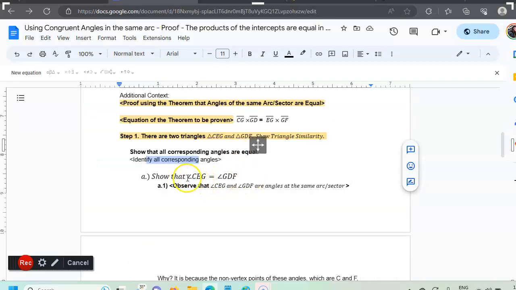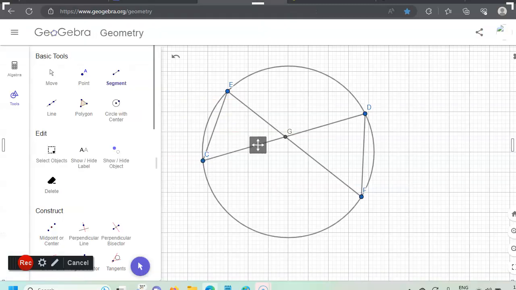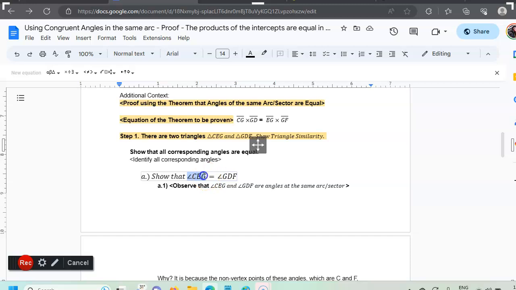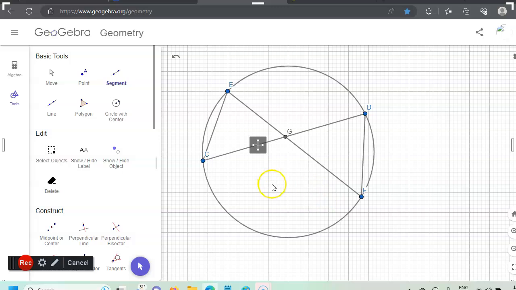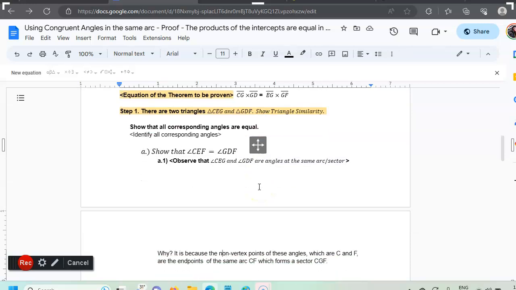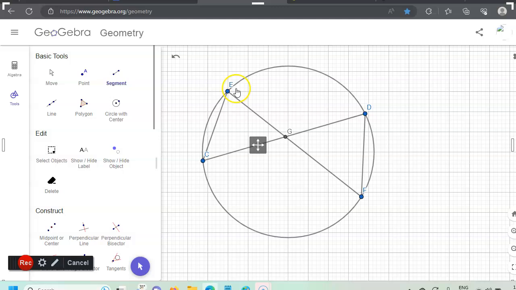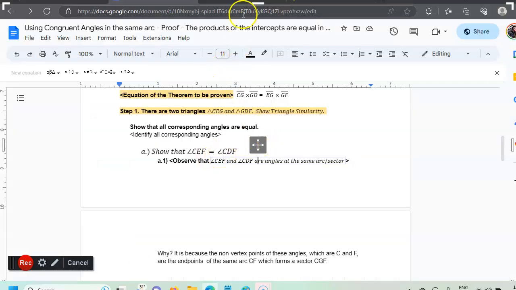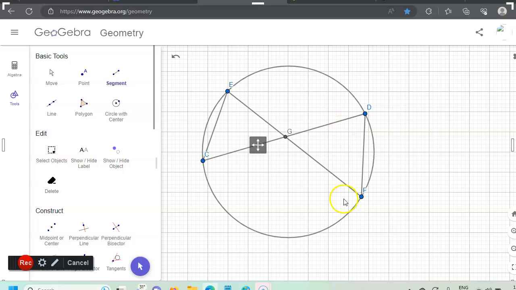So we are going to show that angle CEG, or CEF, is equal to CDF. Again, angle CEF corresponds with angle CDF, or angle E corresponds with angle D.